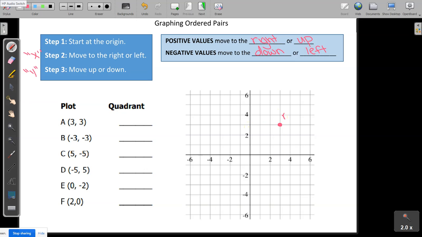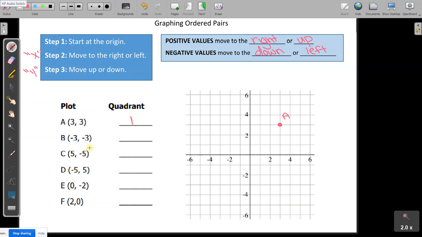So we're going to label it A. And it's in quadrant 1. I'm just going to use numbers instead of Roman numerals.